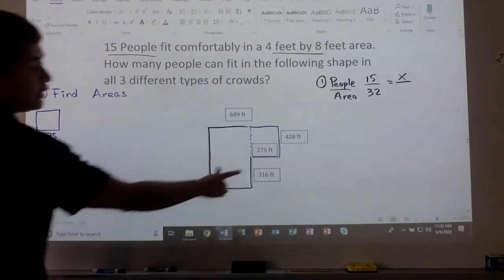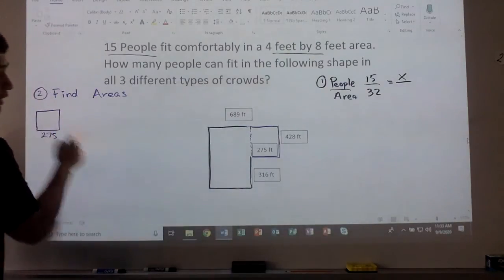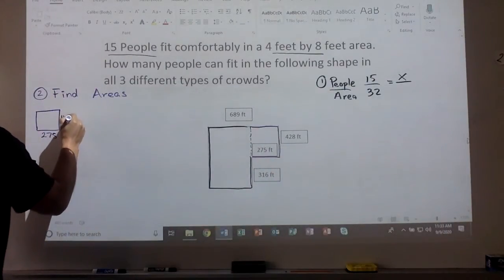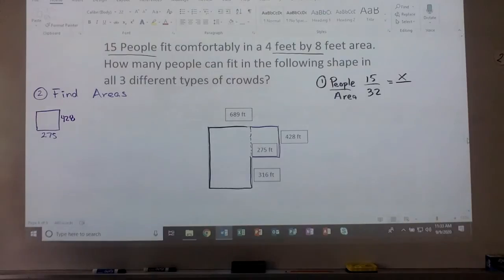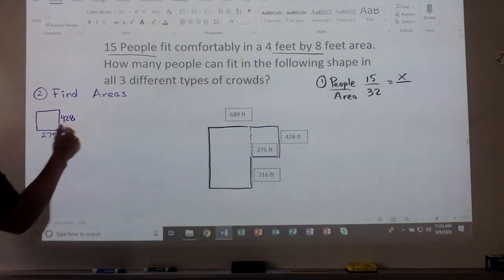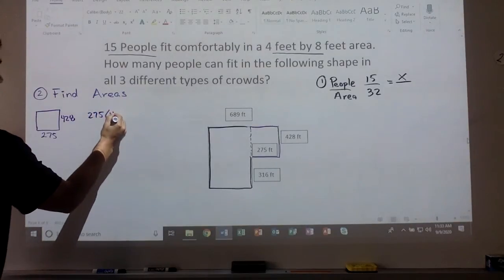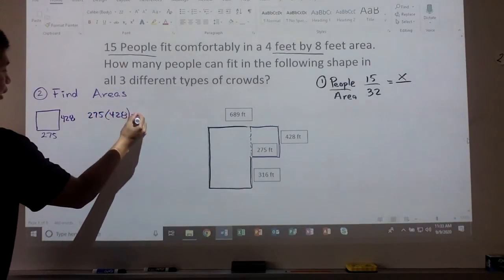On the other side, isn't this side the same thing as that side? So I will have 428. And what do you know? You have figured out the first shape's area. Well, not yet. I know the dimensions. So this times this, I'm just gonna write it down so it helps you with your notes, times 428 equals.